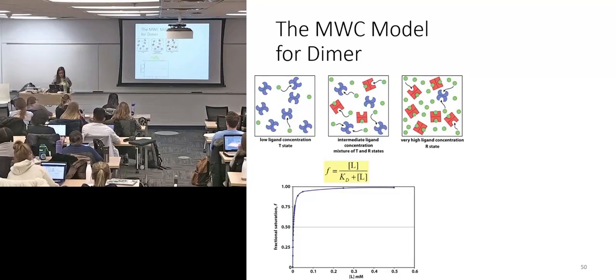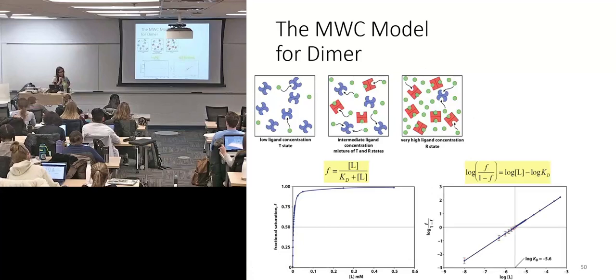So recall for a binding isotherm, we can plot ligand concentration against fractional saturation, so the number of proteins that are bound. We can use some log axes to make it a little bit easier for us to understand and read the actual KD value when we're having switches in a really small range.